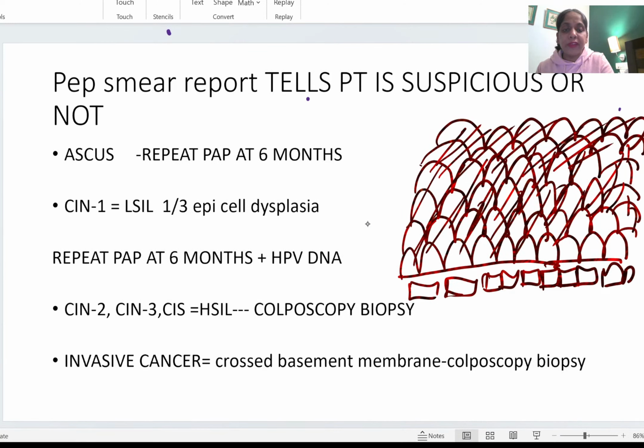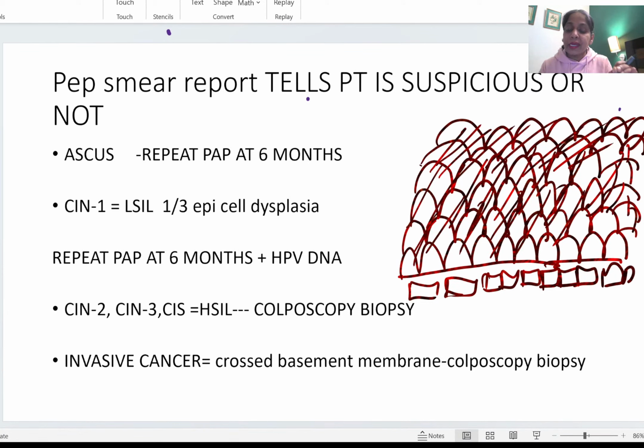Now, when we have taken the pap smear, we will get the report of the pathologist, and we need to know how to read that report. It is either the dysplasia classification or the Bethesda classification.